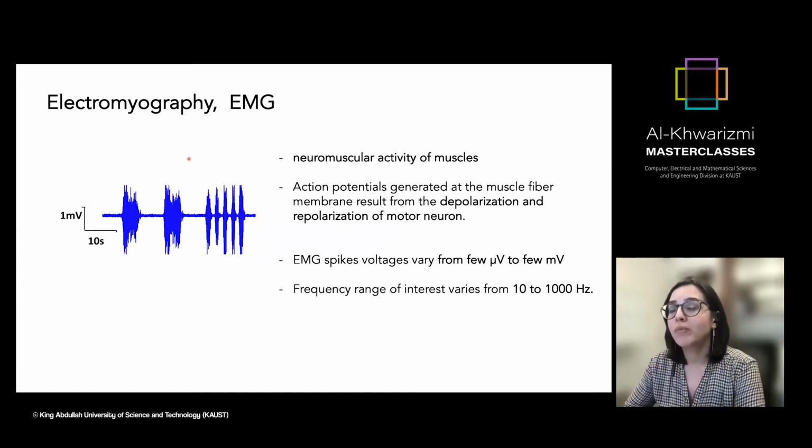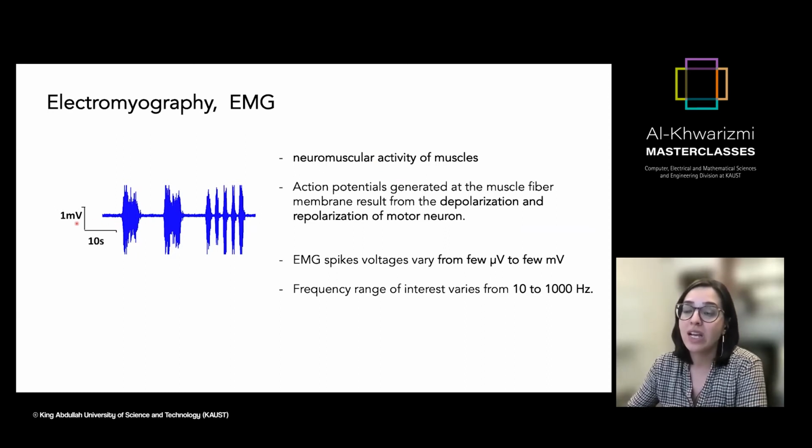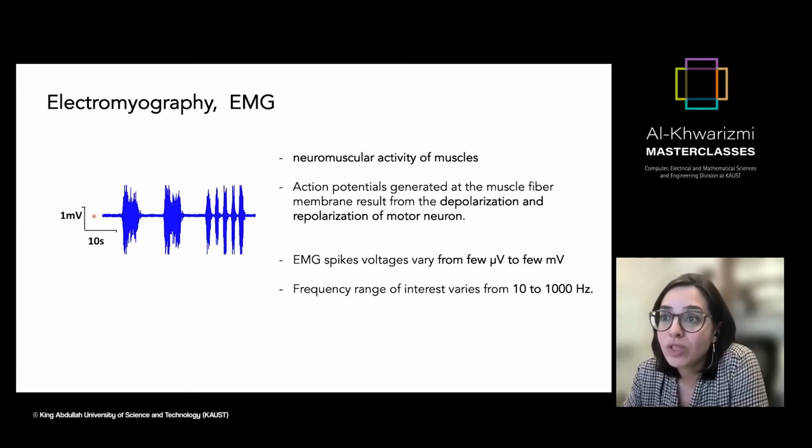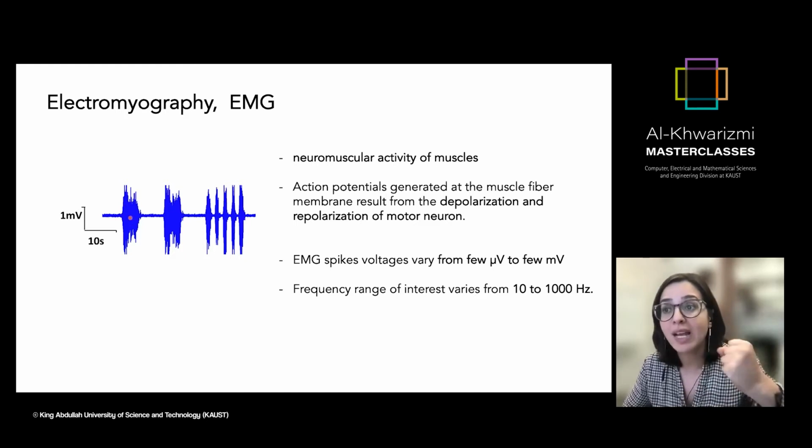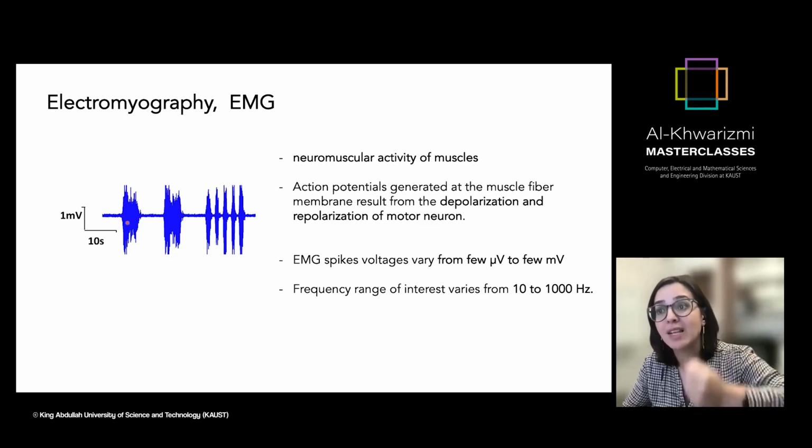Just to wrap up again, what was EMG? This is electromyography. This is the neuromuscular activity of muscles, and typically you would see signals like that. So this is in electrophysiology, this axis is showing you the strength of the muscle activity, and this is the time, how fast that signal appears.